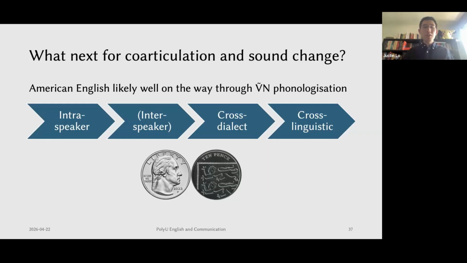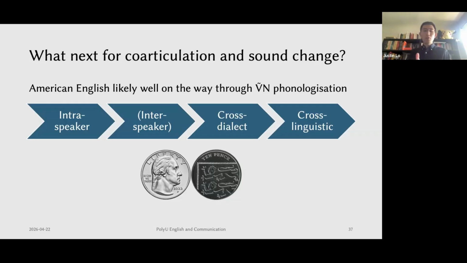For example, in clear speech slash Lombard speech, British English speakers lower vowel nasality. They don't use greater nasality as American English speakers do.